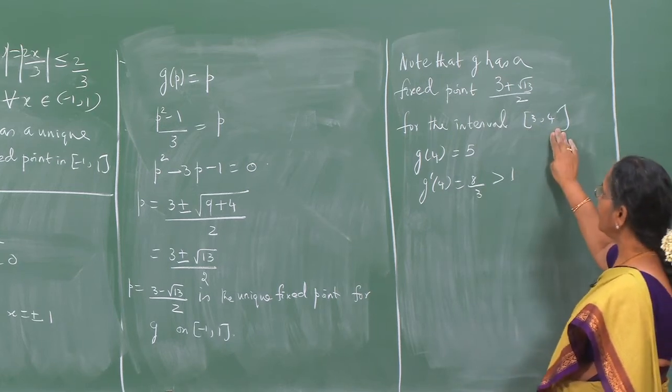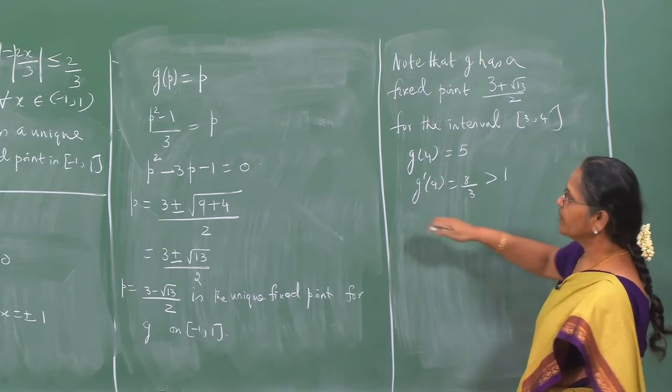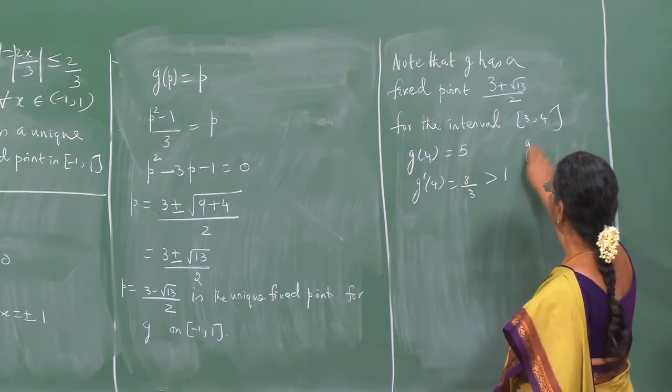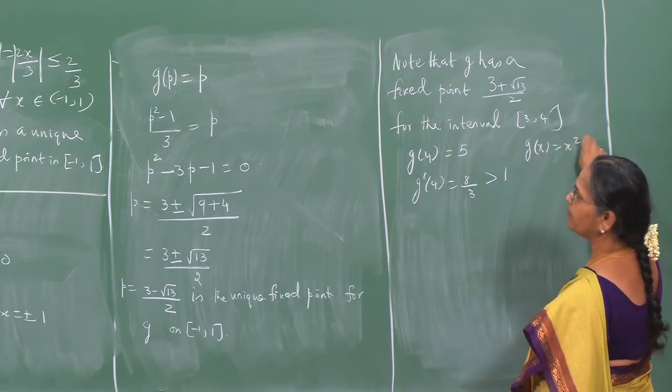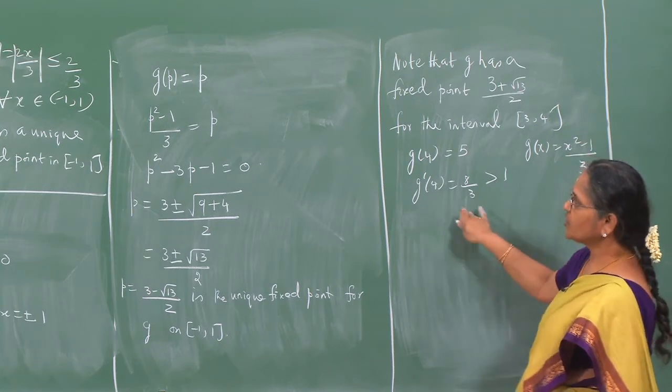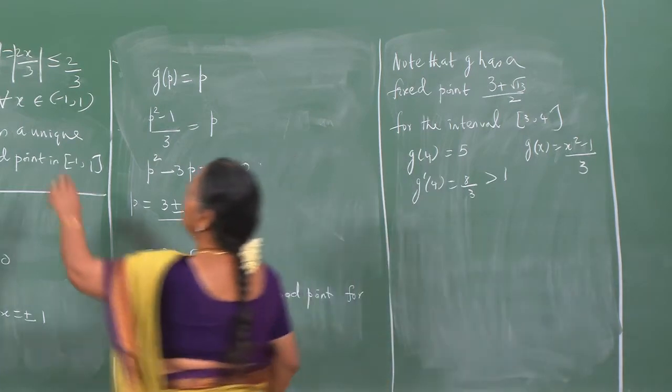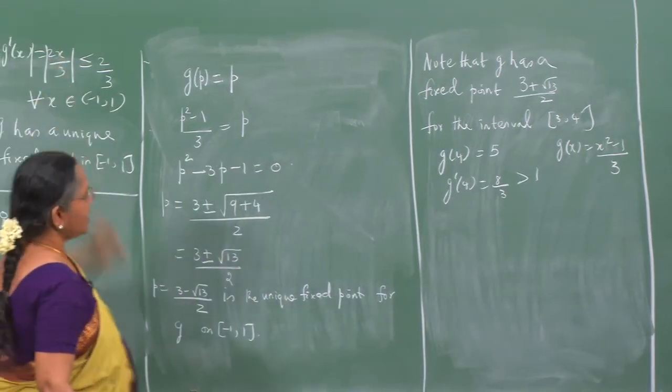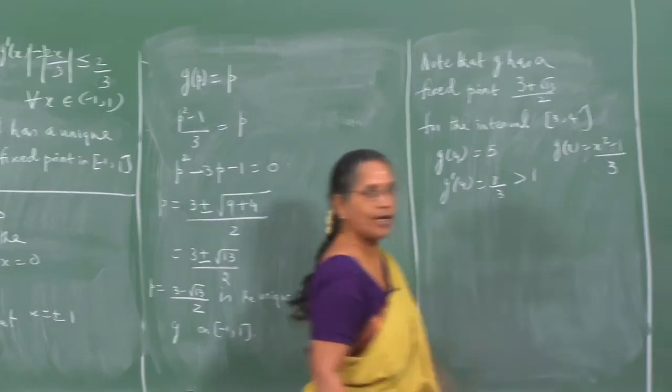and we observe that g of 4 is 5 because g of x is (x square minus 1) by 3, and g dash of 4 will be 8 by 3, and that is greater than 1.